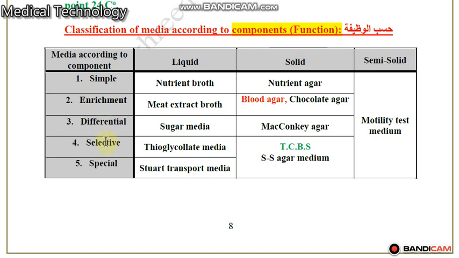Selective, because it selects only one or two species of bacteria. Special, this is special to isolate the bacteria. For example, Palcam is used to isolate Listeria monocytogenes.